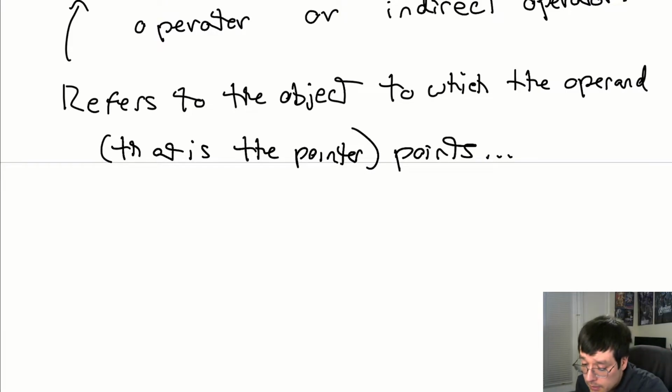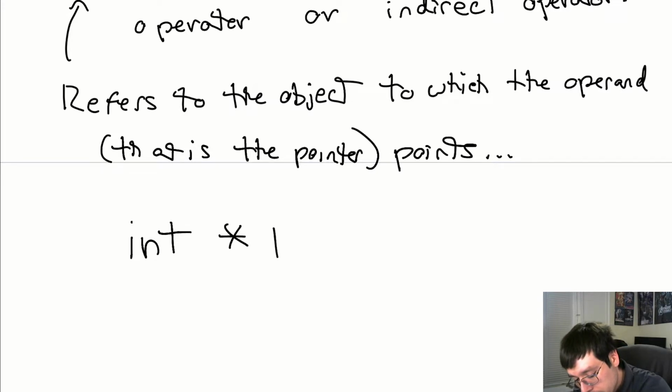All right, very cool. So to do that, let's just make a pointer. Just full send it. So you've got an integer pointer. We're going to call it P. Very original, P for pointer.